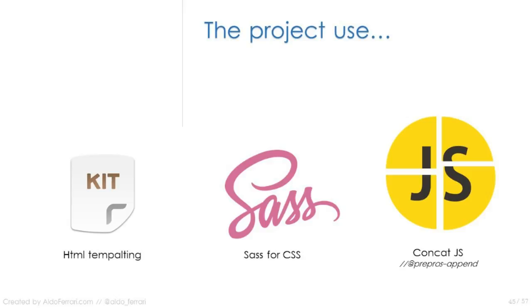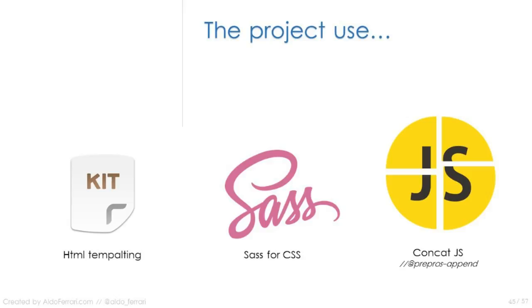What does the project use? The project uses mainly 3 compilers. As I said, we can compile Sass into CSS, and that's what we saw in the first part, but we can also split our HTML pages.